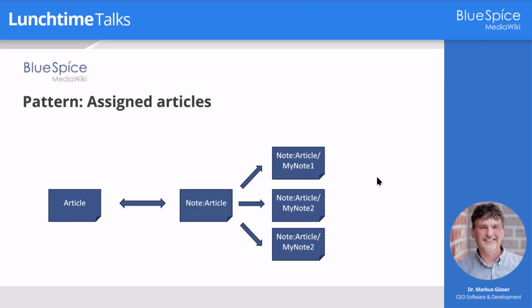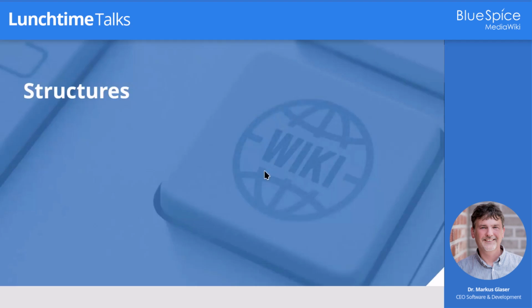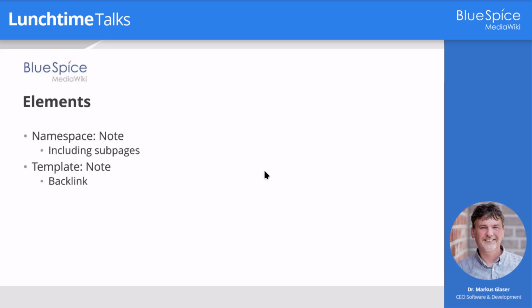How do we start? First of all, let's create some structures. We need a namespace node that contains all the nodes. So by putting all the nodes into the nodes namespace, we can get an overview of this namespace and we see all the nodes that we have. If you would use a different use case and we would say, okay, this is like all the procedures, then you'd have a procedures namespace, and then all the procedures of your company are in the procedures namespace.